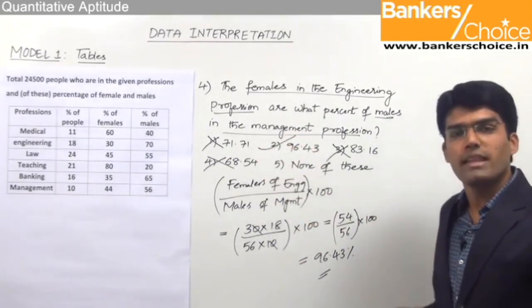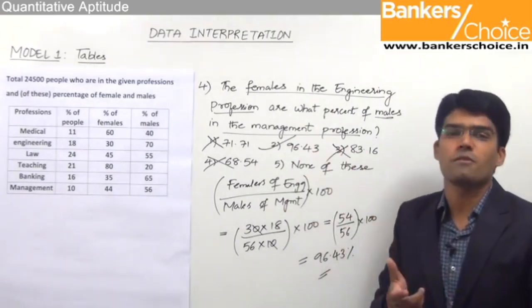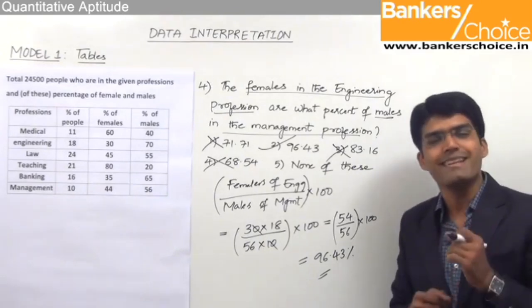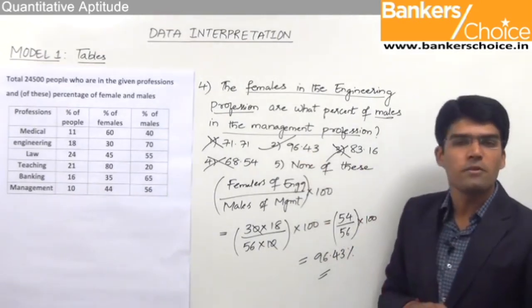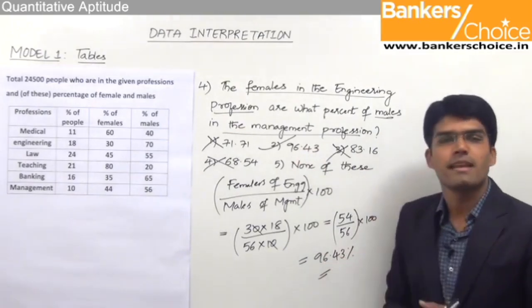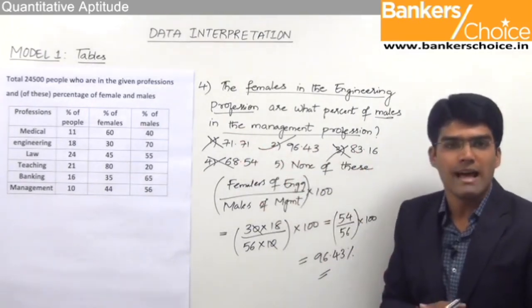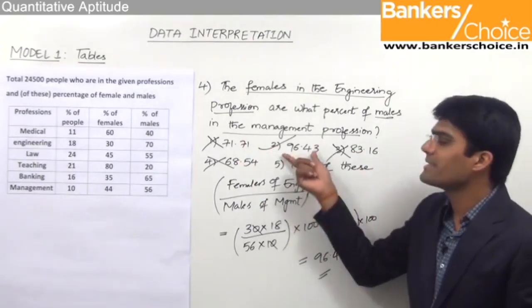But one important point that I would like to mention here is, while solving these questions, if you are running short of time, let's say we are doing this in the last 3 or 4 minutes of the exam, in such situations, it would be better that you directly mark 96.43 as the answer without doing the actual calculation. Why? Because anyway, the remaining 3 options have been ruled out. The answer should either be second option or fifth option. And probably it has to be second option only. Why?